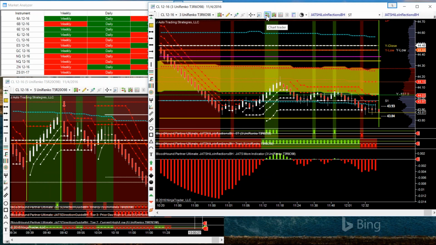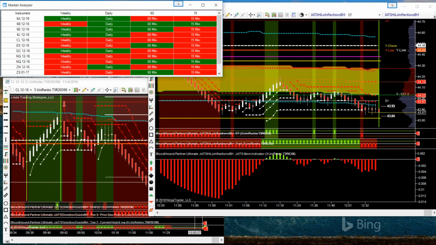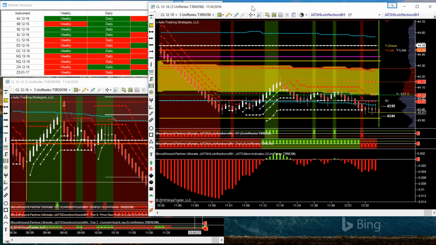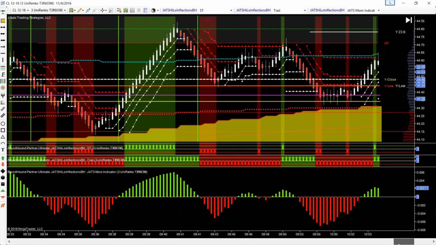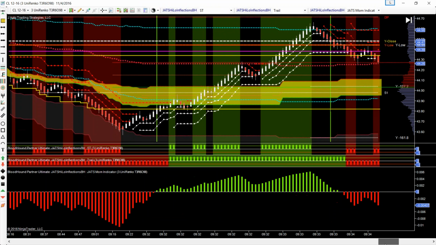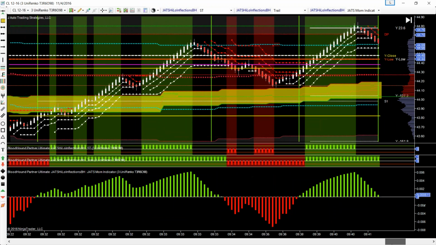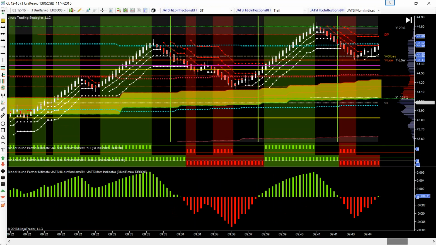So here is that chart. I'll go ahead and open it up. And when we know that we want to take, here was that actually breakout, fake out.